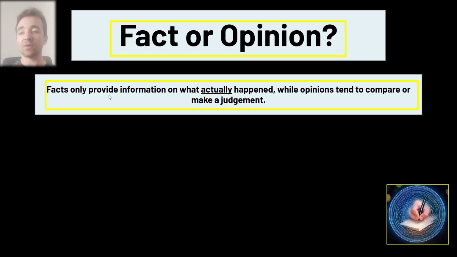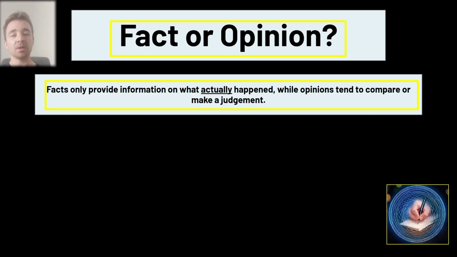Facts only provide information on what actually happened, while opinions tend to compare or make a judgment. So what that means is a fact will often just say, on this date, this is what happened, right? But an opinion will usually try to make a comparison. For example, an opinion might say, dogs are better than cats. Is that a fact? No, that's just your opinion, right?